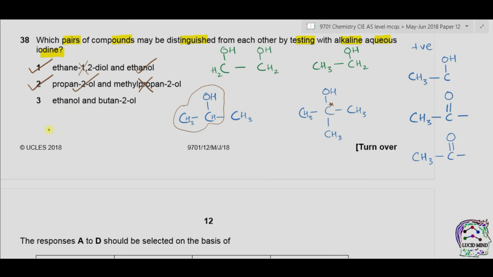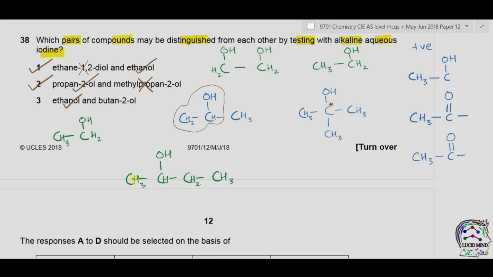In 3 we have ethanol. Ethanol has 2 carbon atoms and an alcohol group. Butane 2-ol. In butane 2-ol we have 4 carbon atoms in the long chain and we have a secondary alcohol group. As we can see, in ethanol CH3 is attached to the carbon atom having OH, so it will give a positive result with alkaline aqueous iodine.